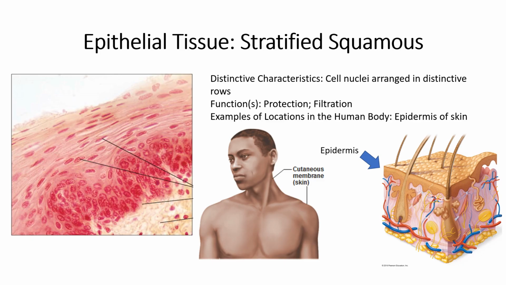So in this model of skin, we can see that top layer, that tan brown layer that they have depicted there, would be where your epithelial tissue is, where that stratified squamous epithelial tissue is. And that stratified squamous epithelial tissue is the epidermis.